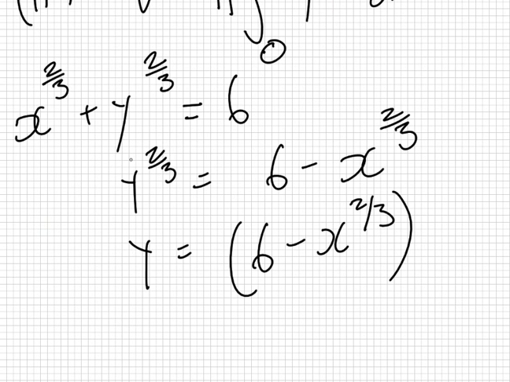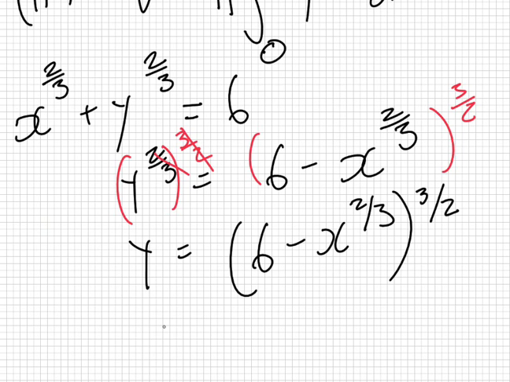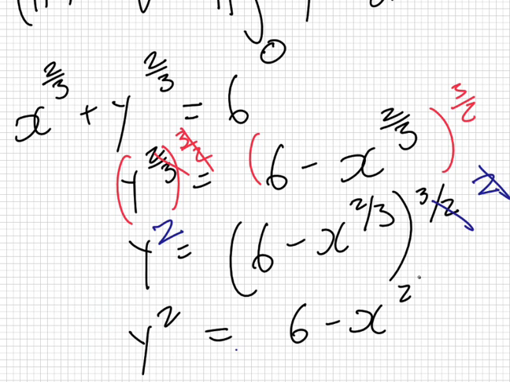Power 3 over 2. So you're left with y equals 6 minus x to the 2 over 3, all to the power 3 over 2. But I don't want y, I want y squared. So I square both sides, and it's just going to be 6 minus x to the power 2 over 3, cubed.